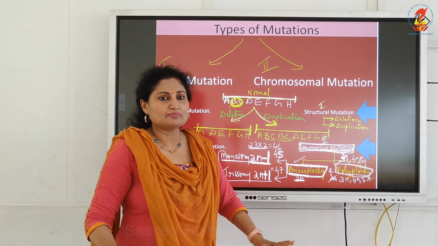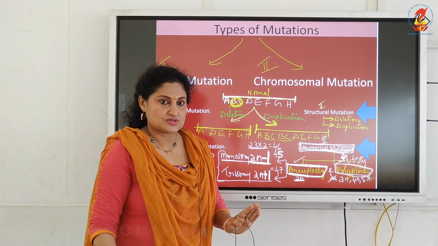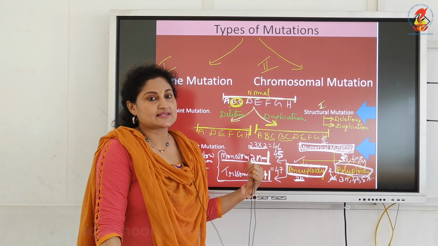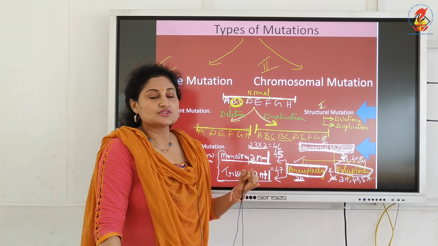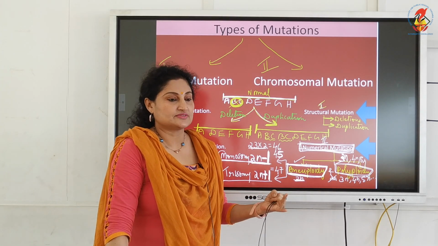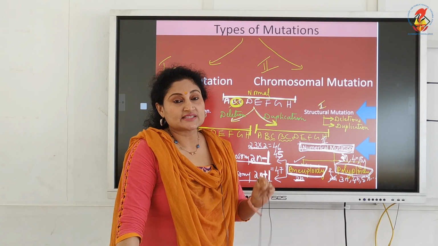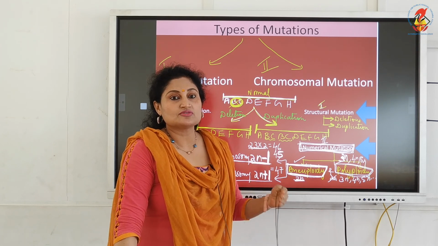So once again I am winding up by saying aneuploidy is change in the number of chromosomes, either due to a gain of a chromosome or loss of a chromosome, and hence there are 2 types, trisomy and monosomy. Second, it is caused due to the failure of segregation of chromatids at the time of cell division. Now talk about polyploidy. It is the change in the number of sets of chromosomes. Usually it should be 2n for an individual, but here it becomes 3n, 4n, 5n.